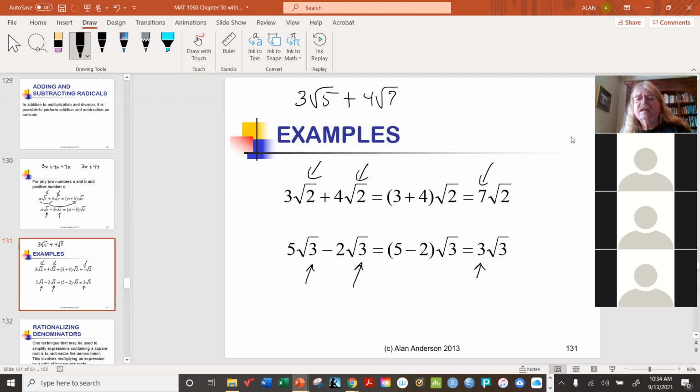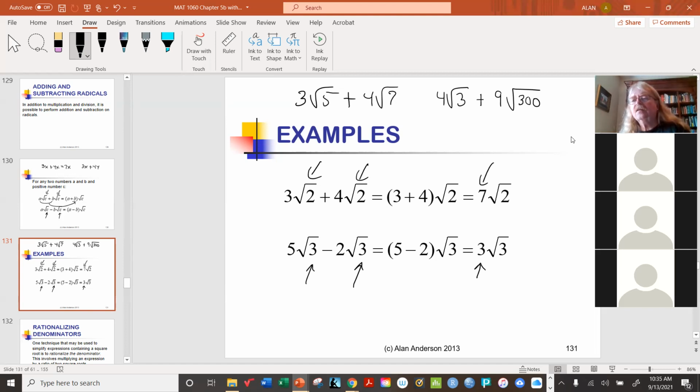But imagine if you had something like this. Let me see if I can come up with a good one. How about 4 radical 3 plus 9 radical 300. Okay, let's try that one. Again, like I said before, it may not be clear. At first glance, it appears there's nothing you can do.